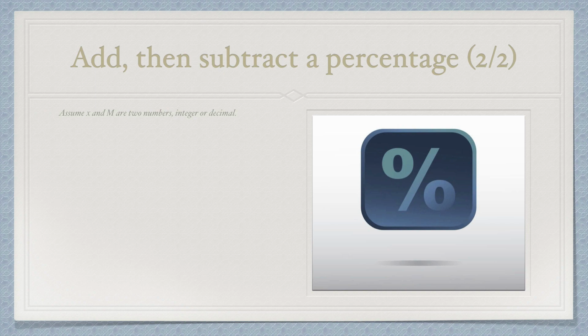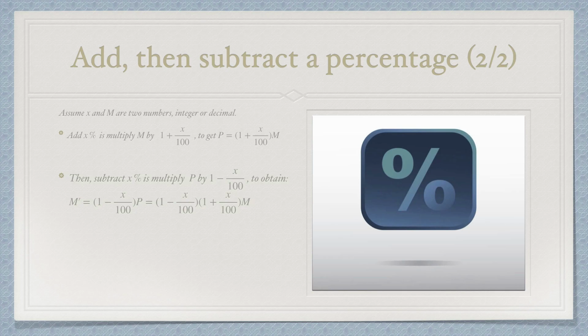Let's assume that x and m are two numbers, integer or decimal. Then if we add x% to m, we multiply m by 1 plus x over 100 to get p equals 1 plus x over 100 multiplied by m.